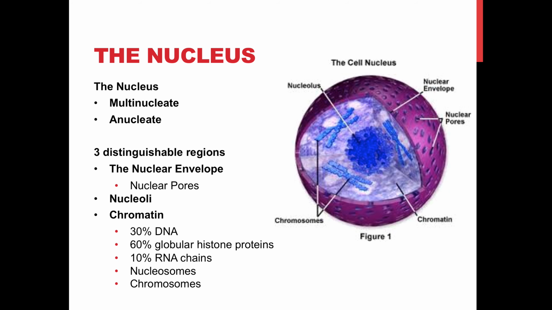So it's not really a self-directed control center like our brain. It's more of a reactionary control center. It reacts to different triggers and hormones and things. And it's the proteins and enzymes within the nucleus that are reacting to these things. And when it comes down to it, it's really just sort of a container for genetic material.